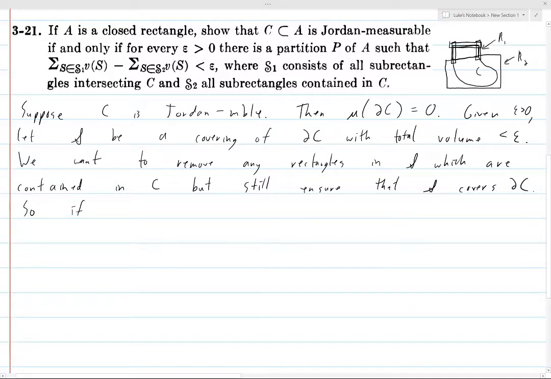So if R is an element of this collection S, if R is a rectangle in S, and R is contained in C, so let's assume, well, let's state this.